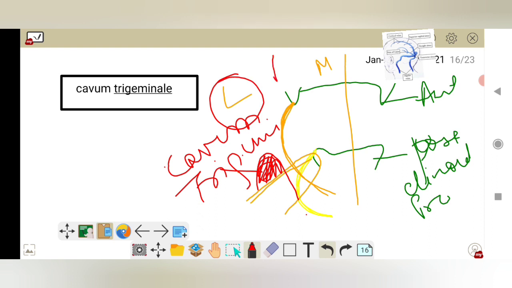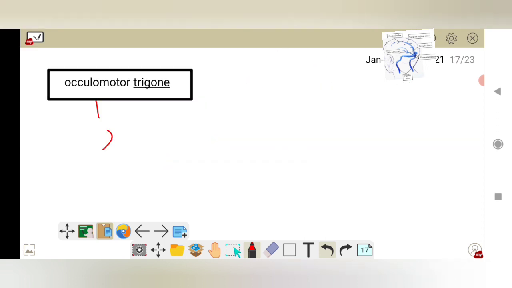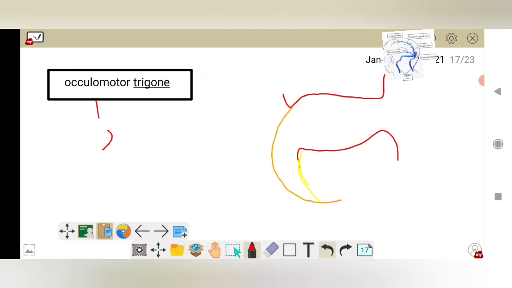In front of the crossing, that is anteriorly, we have the oculomotor trigone, which is pierced by cranial nerve 3 and cranial nerve 4, that is the oculomotor nerve and the trochlear nerve.